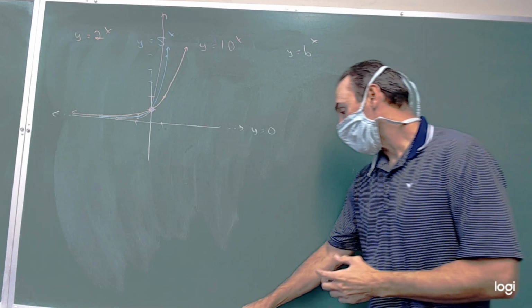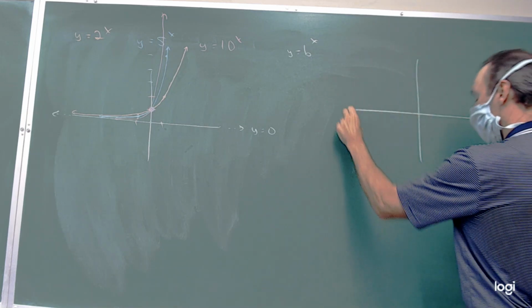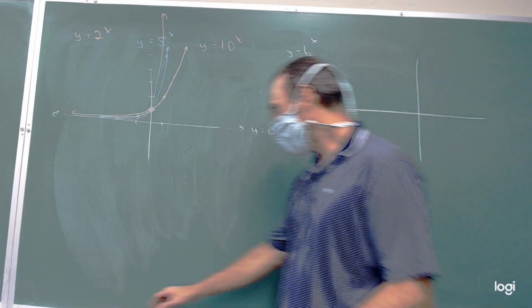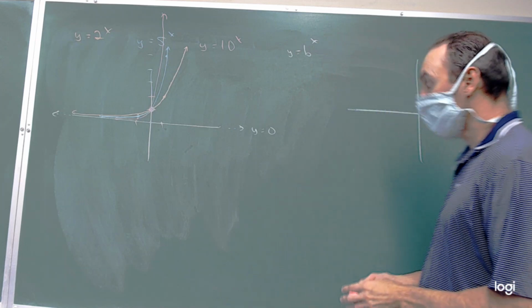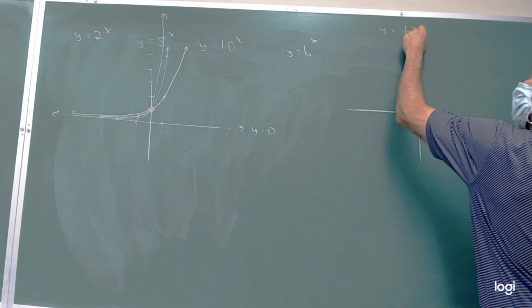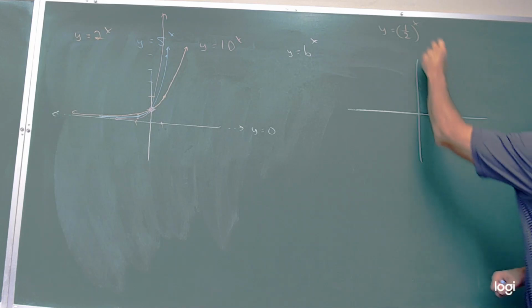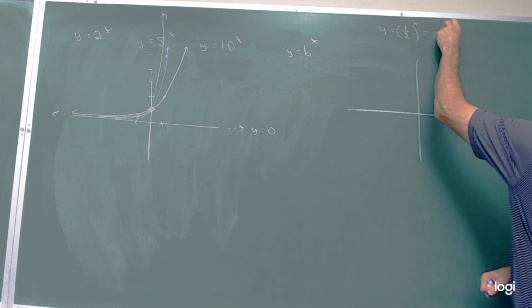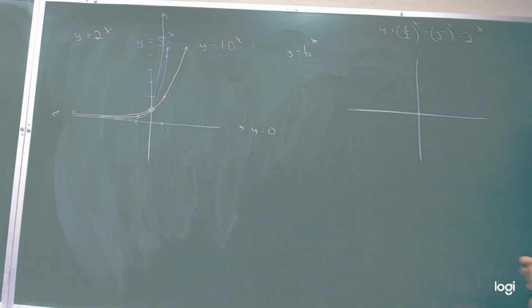So similarly then, if we do the same idea, but we look at the fractions. Say, y equals 1/2 to the x, which if we think about it, 1/2 is 2 to the negative 1 power. And so that's 2 to the negative 1 to the x, which is going to be 2 to the negative x.